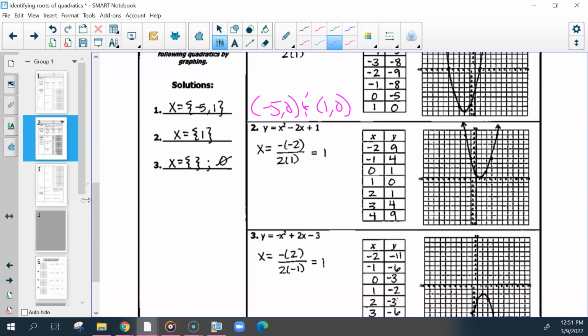Number 2, you should have just 1 solution, and that was at 1, 0. These points are also given to you in your table, so you can look for them there as well. But if you graphed it incorrectly, then you may be missing that.